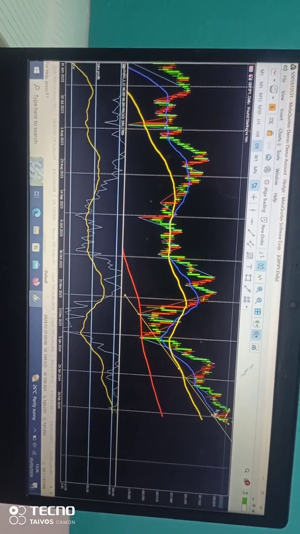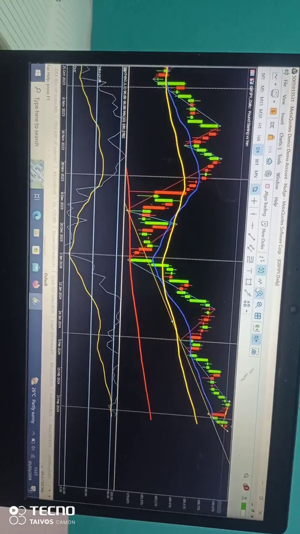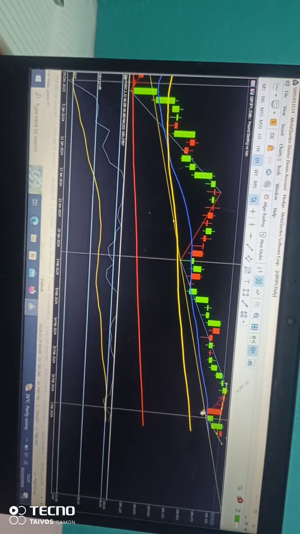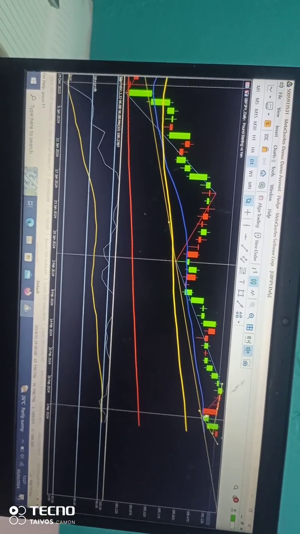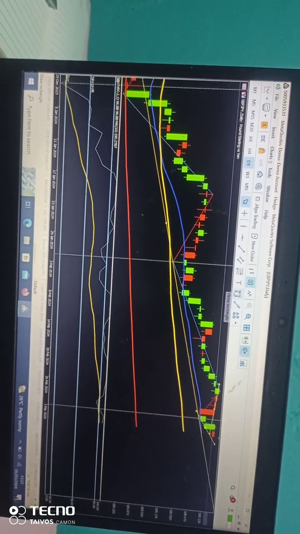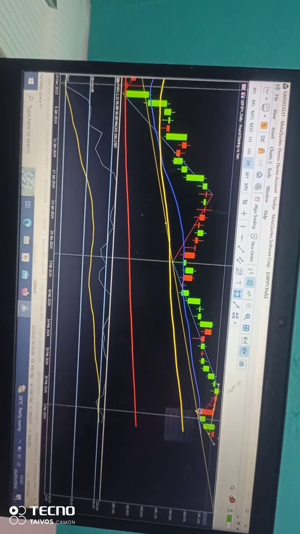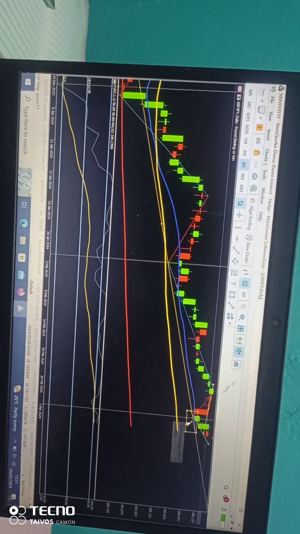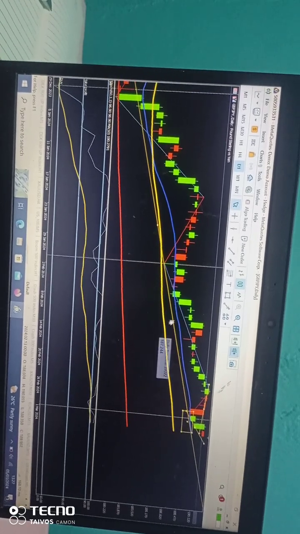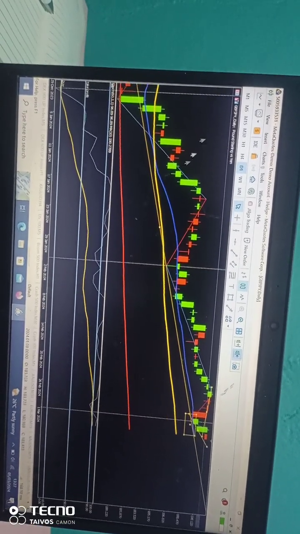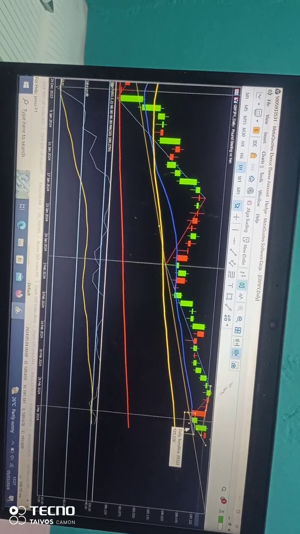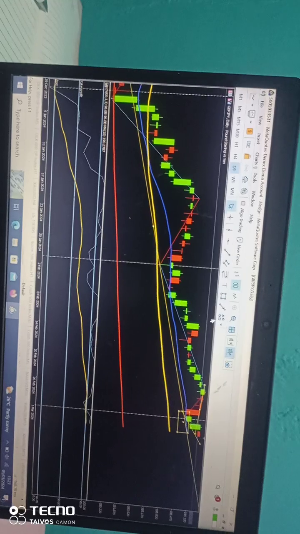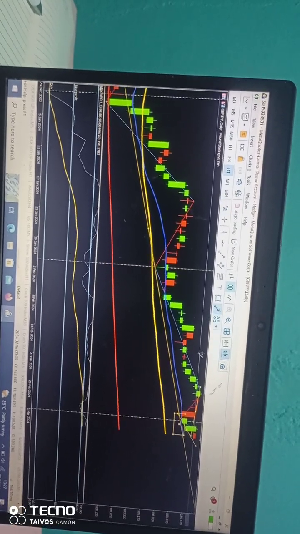And now the market came here. If I just do that one, you see how it reacted? Once the market came here, it reacted with the 20 moving average. Very beautiful. Reacted with the 20 moving average, and then it reacted with the daily time frame moving average. So meaning that here the market is going to react, and I know I am a buyer.